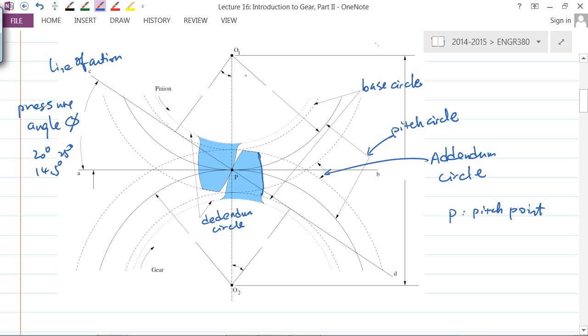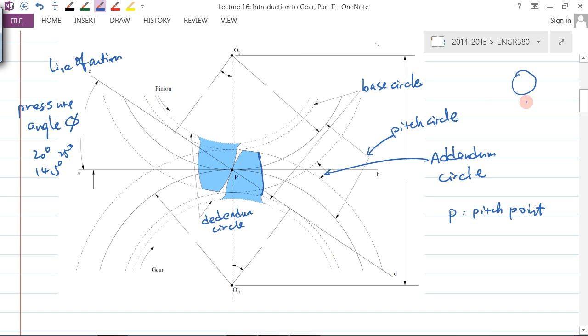If I use the geometry here, this is the line of action. As you can see, it is tangent to the two base circles. If you look carefully, the line of action is tangent to the two base circles.